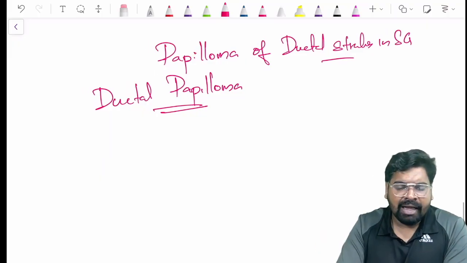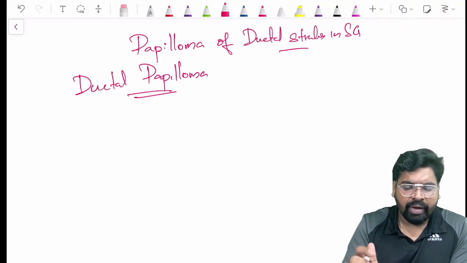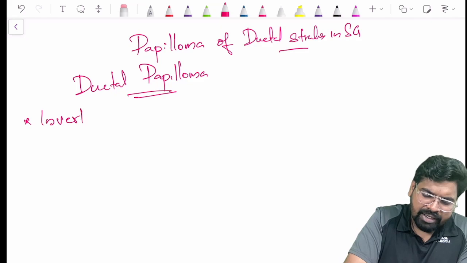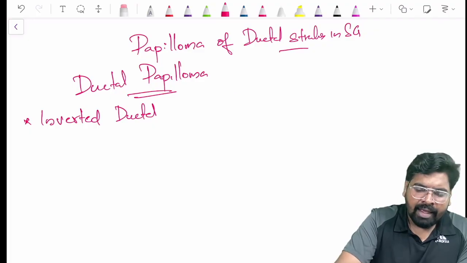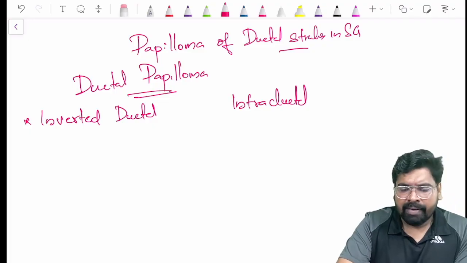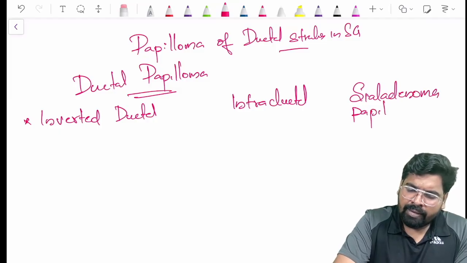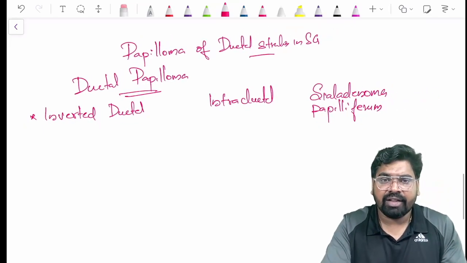There are three tumors in ductal papillomas. Please note: the first is inverted ductal papilloma, then intraductal papilloma, and Sialadenoma papilliferum. These are the options you are going to see in the question.